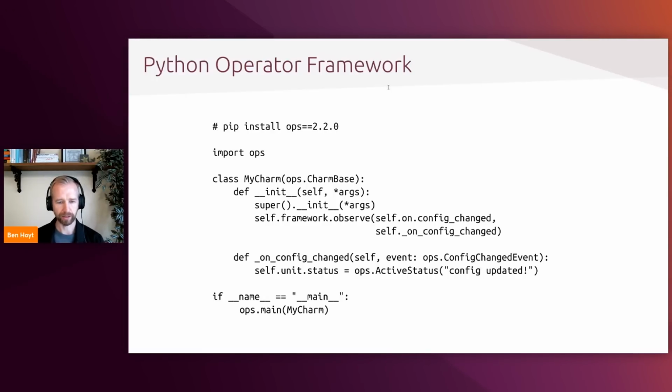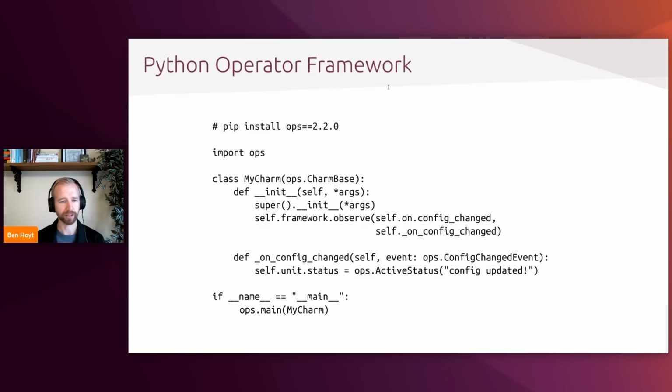It's picked up by the Juju status command in the CLI, and so on and so on. What's on the screen here is the full source code for a trivial charm using the Python operator framework. So you'll notice how your charm inherits from the charm base class, and you can observe the Juju events you're interested in. In this case, we're just observing the config changed event, and you respond to those events in the handler functions.